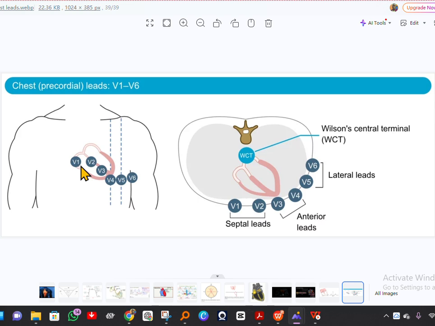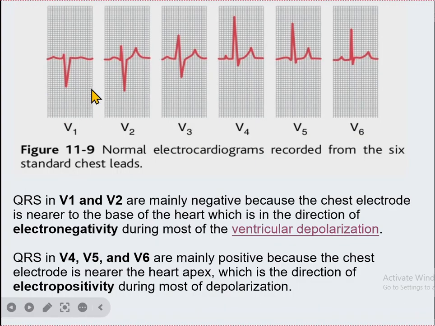But if depolarization is moving away from the positive, that is why V1 and V2 have inverted QRS complexes. Then for V4, V5, V6, since they are more to the left of the body, and we know that the mean electric current of the heart is flowing towards the left, they are favored and give a positive deflection.